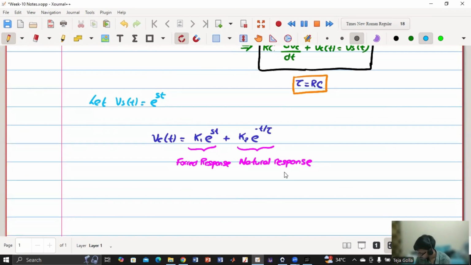So the first term is the steady state response, and the other is the transient response.